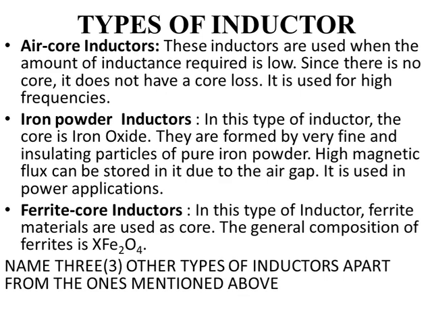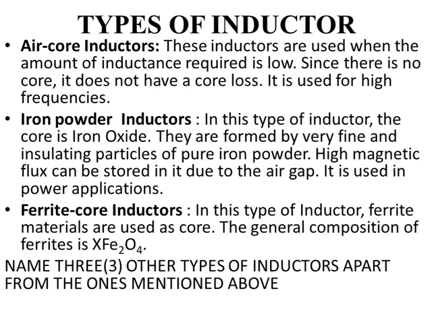Now, there are different types of inductors. You might come across maybe one or two apart from these, but these are the major types of inductors. The first one here is the air core inductor. You see this inductor, they are used when the amount of inductance required is low.